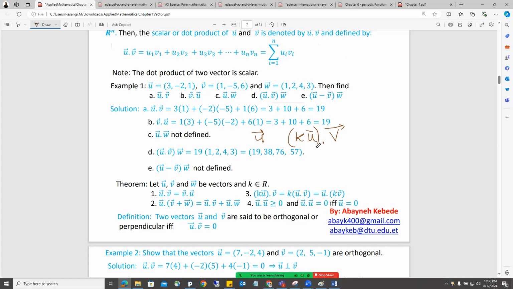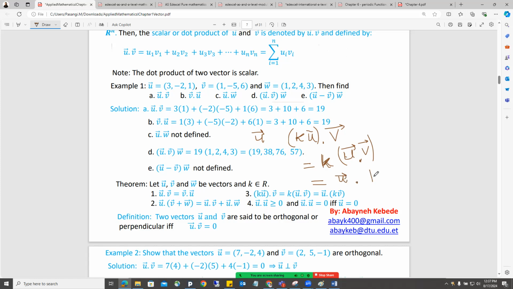So this one is equal to, first we take the dot product of u and v vector and then multiply that value by k.